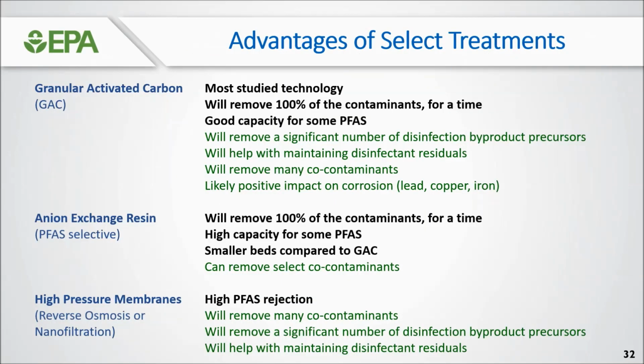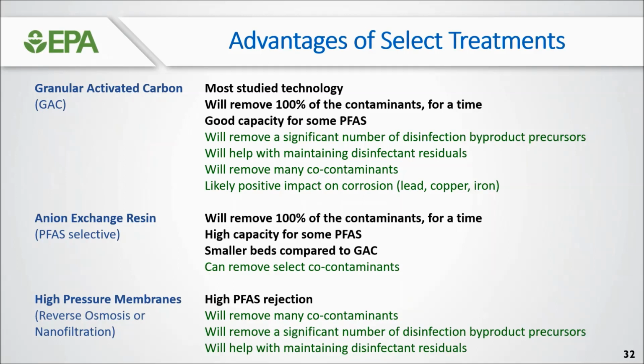So a little bit, again, of just general comments about granular activated carbon. For PFAS, it's the most studied technology. It will remove 100% of the contaminant for a time. The previous % removals were just ballpark figures, but GAC will remove 100% of the contaminant for a time, and then it will start breaking through the column.